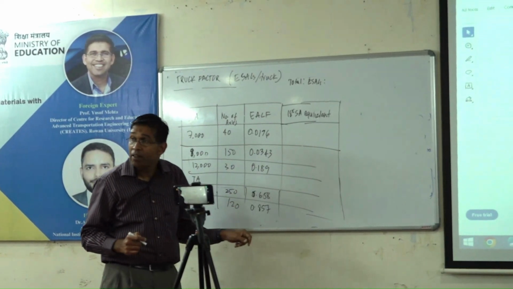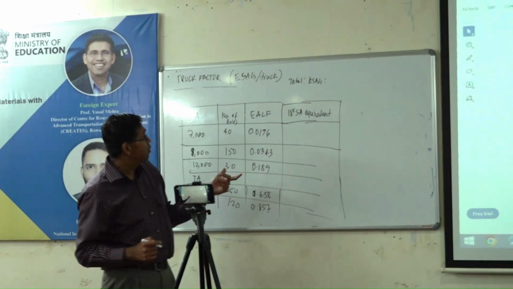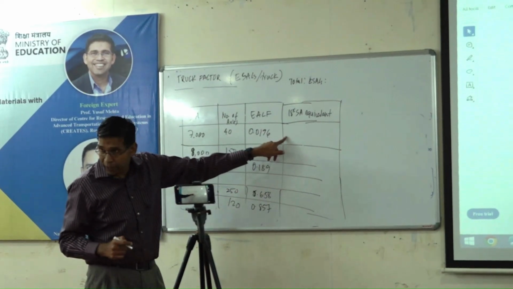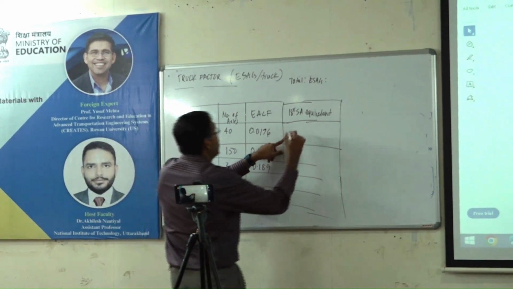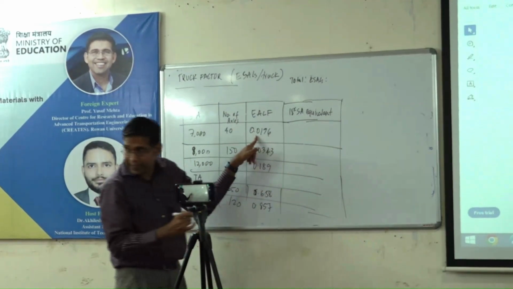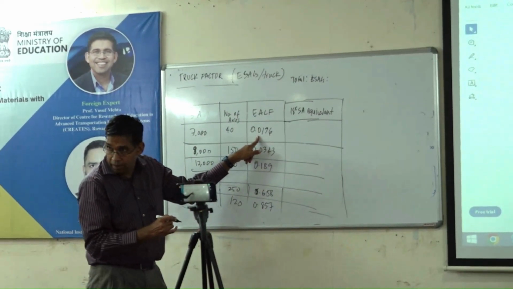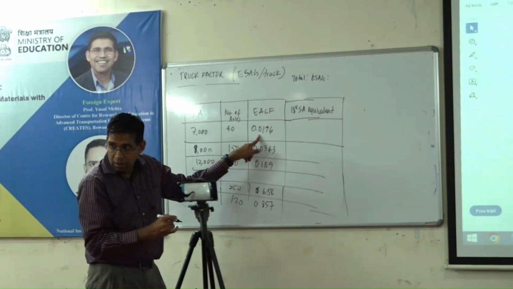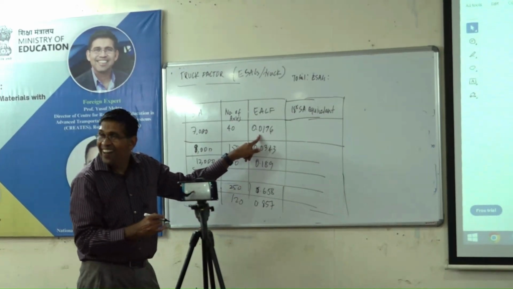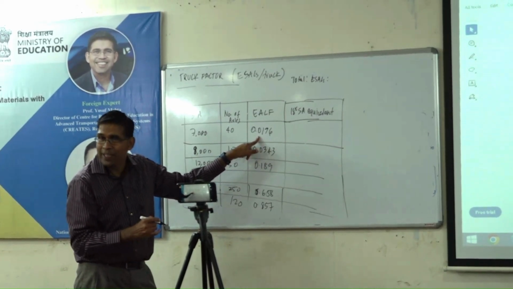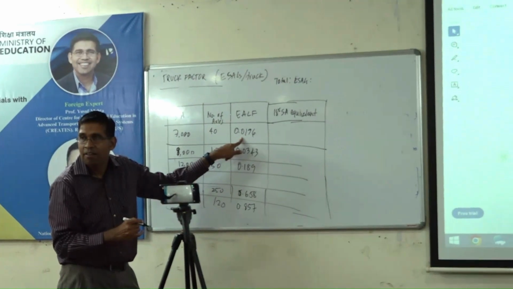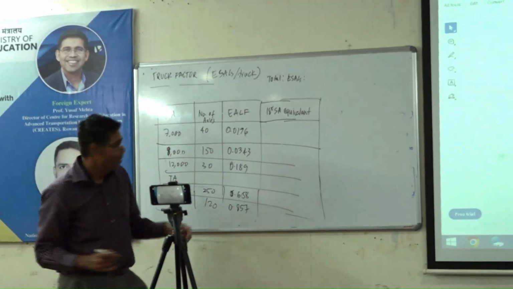What is it? 5.5? Which one is 5.48? 40 times 0.0196 is 0.78, so about 0.7 or 0.8. Oh, thank you.